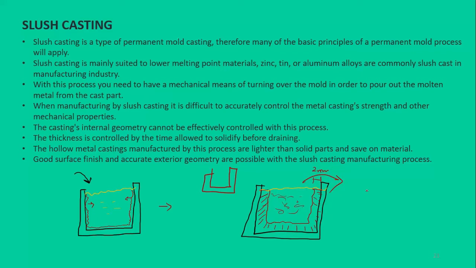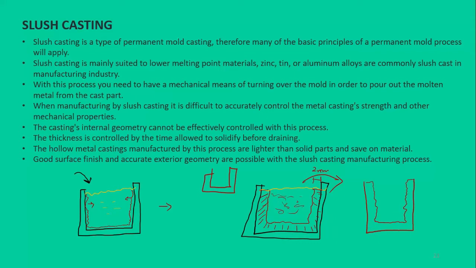So what you will get is a product with a very precise outer boundary like this one, but the inner boundary would be somewhat irregularly shaped. Because we have thrown out the remaining slush, whatever we get at the end is like this one, a hollow cup with a very precise outer boundary, good dimension, good surface finish, but the inner surface, because we have no control over it, is somewhat irregular, not very smooth, and does not have very good dimensional accuracy.